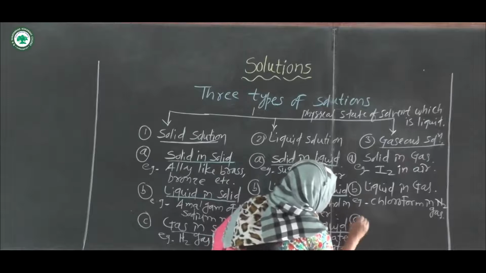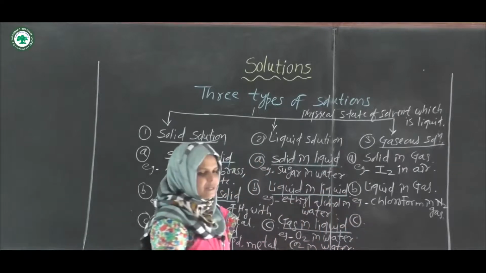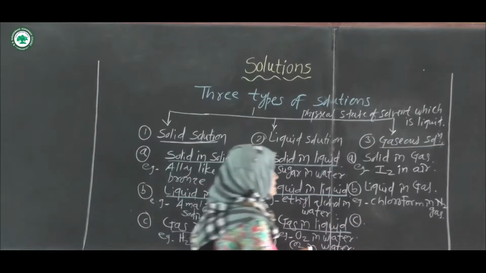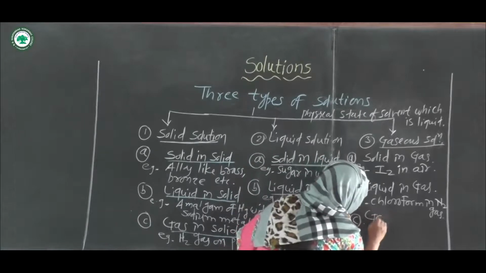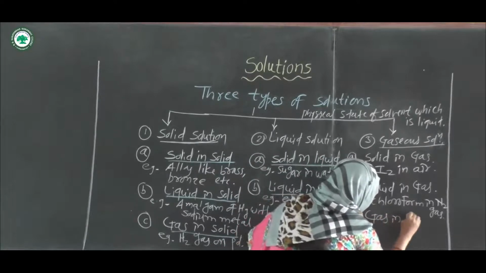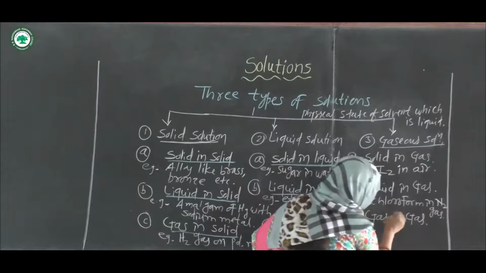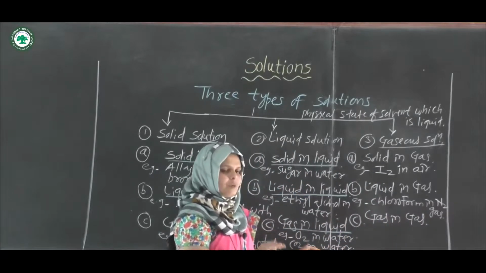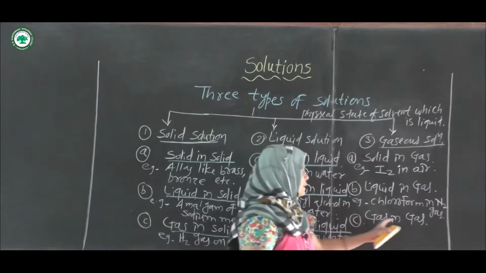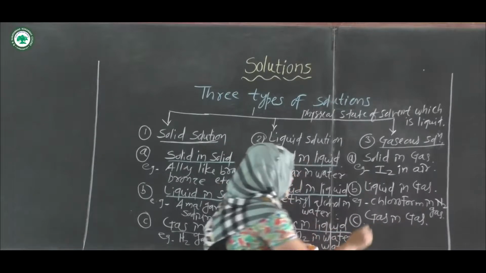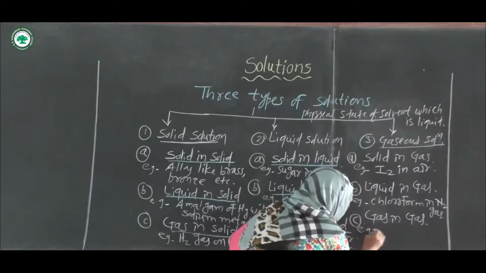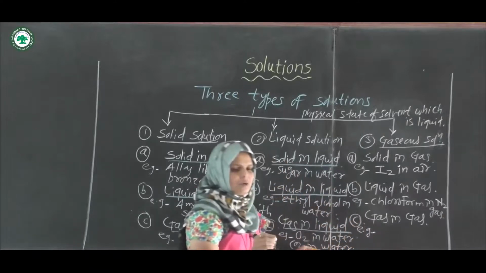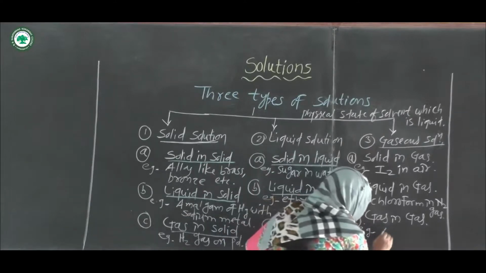Next, the third type of gaseous solution is gas in gas. Both components, solute and solvent, are in the gaseous state, and its well-known example is air.